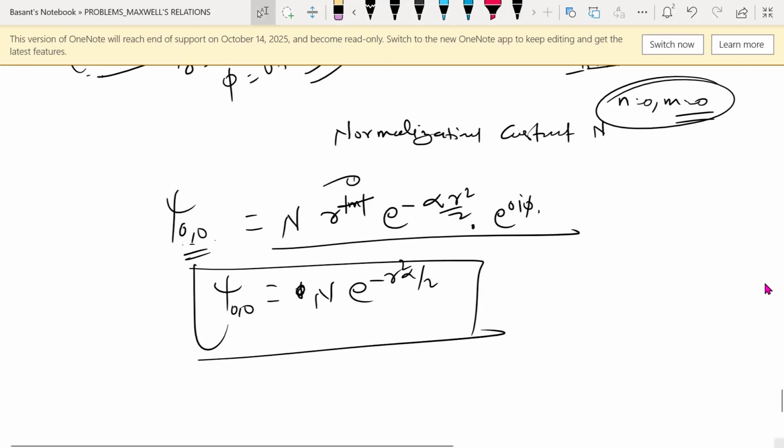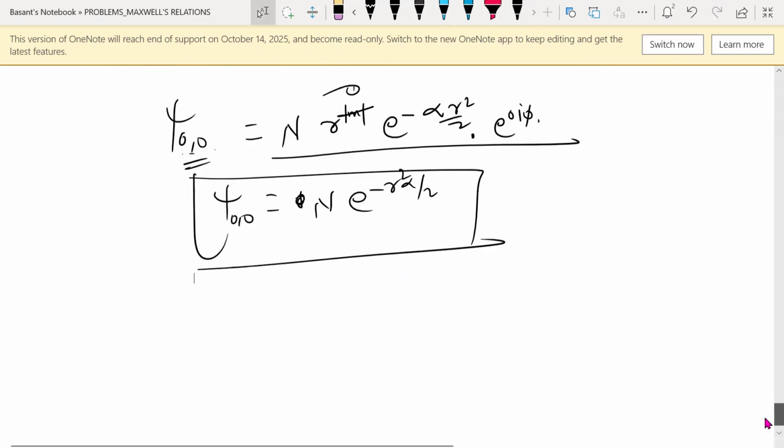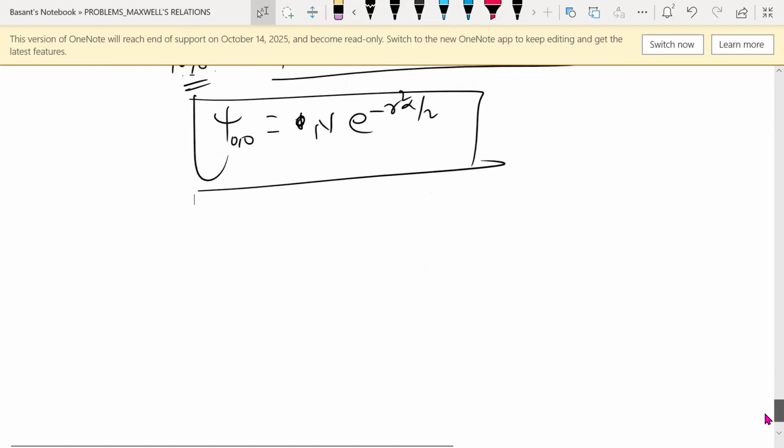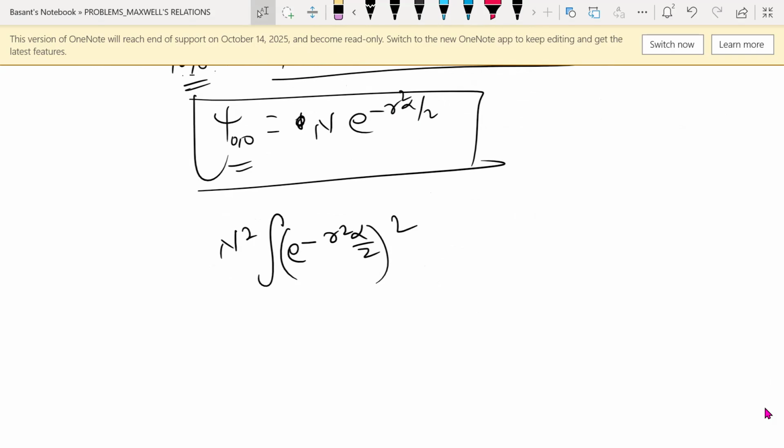Now, for normalization, the probability equation for this function is N square e to the power minus r square alpha by 2, squaring this, and r dr, and another term is d phi.